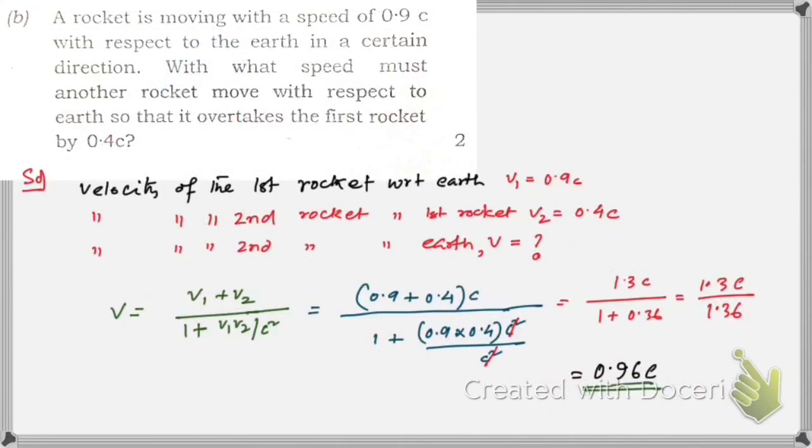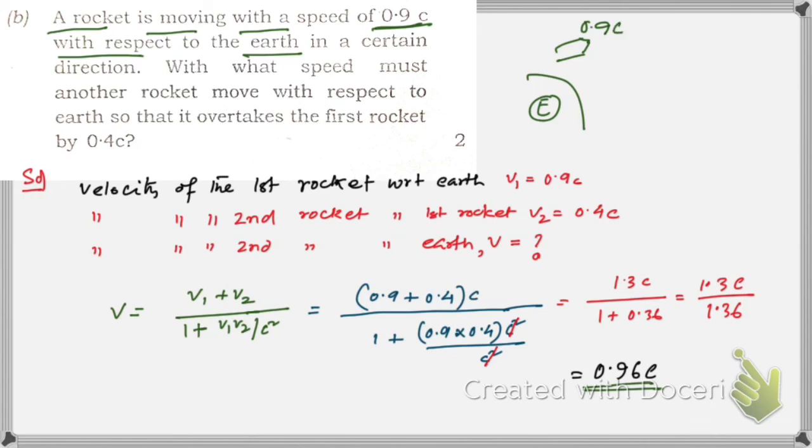Here you see a rocket is moving with a speed of 0.9c with respect to the earth.